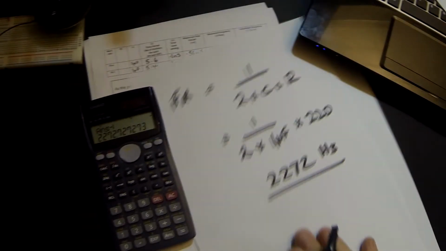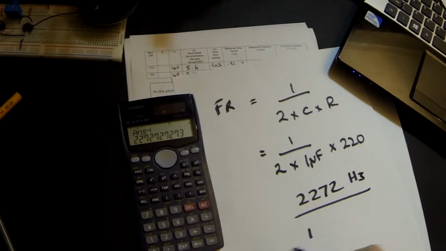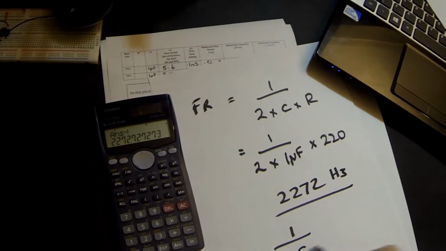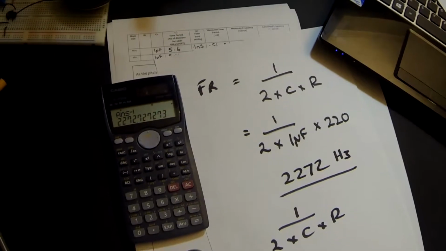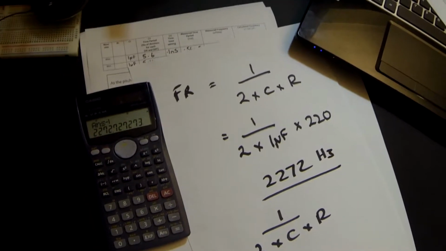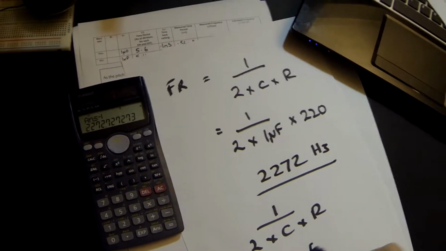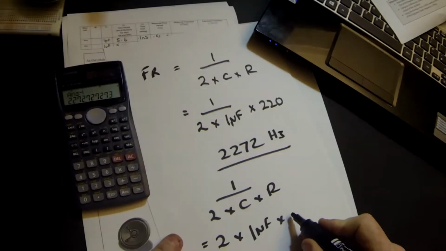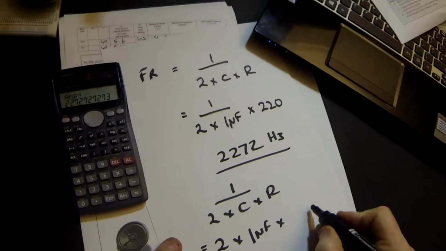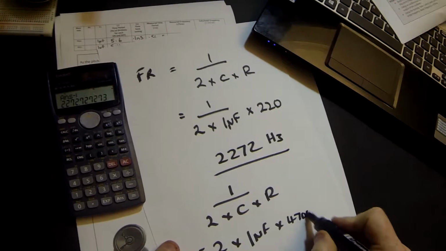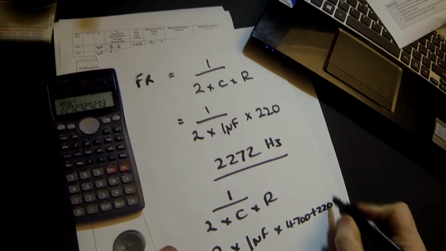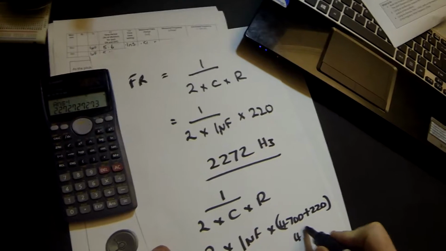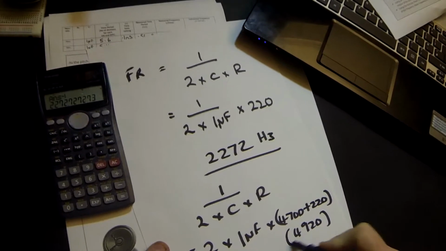Now we can assume that that's pretty much the maximum value, but we'll do the other value as well. 1 over 2 times C times R, where it's 2 times 1 microfarad times the resistor, which is now the 4700 plus 220, which gives us 4920 ohms.